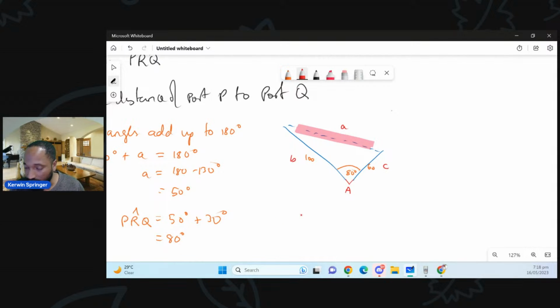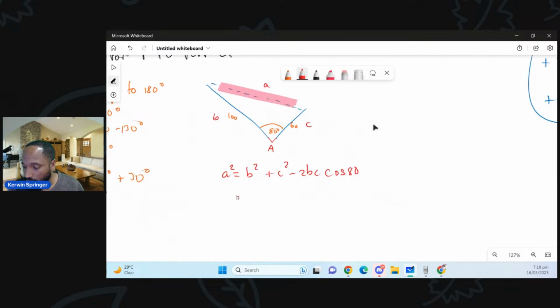So you say this is the cosine rule: A squared is equal to B squared plus C squared minus 2BC cos 80. You don't need to memorize it because it's at the front of the paper, but you should try to memorize it still. So it's B squared, let's call that 100 squared, plus C squared, which is 60 squared, minus 2 by 100 by 60 by cos of 80.